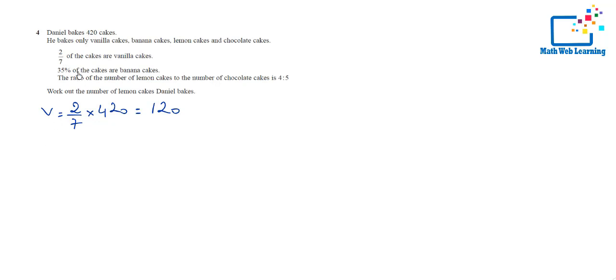Okay, let's do the banana cakes. We're going to call it B. That's 35 times 420, and you divide it by 100. When you do the calculation, you get 147. Next we're going to add this to here.